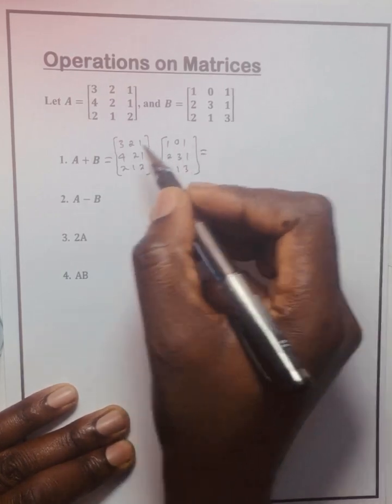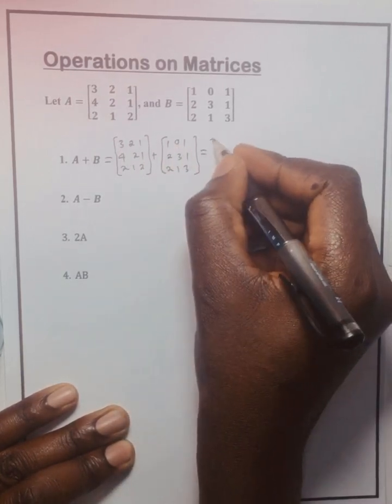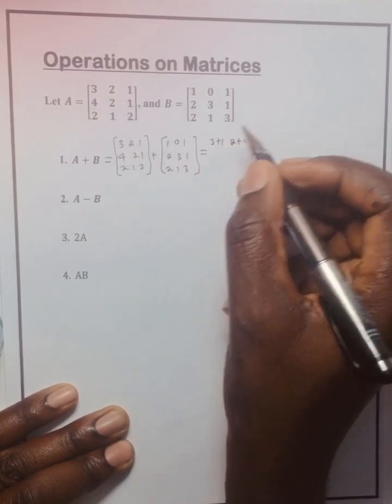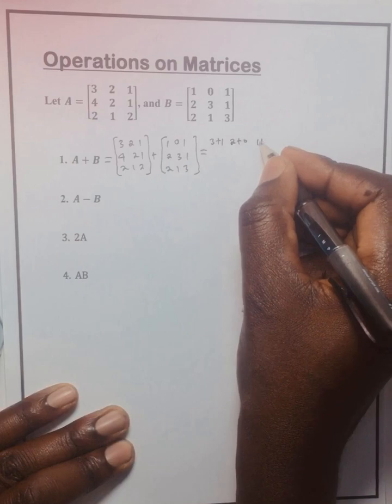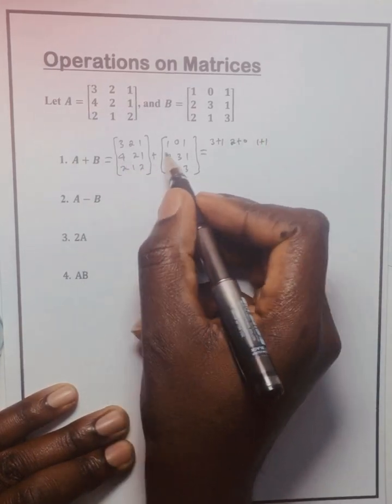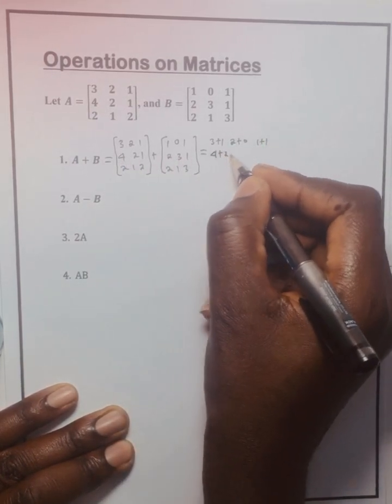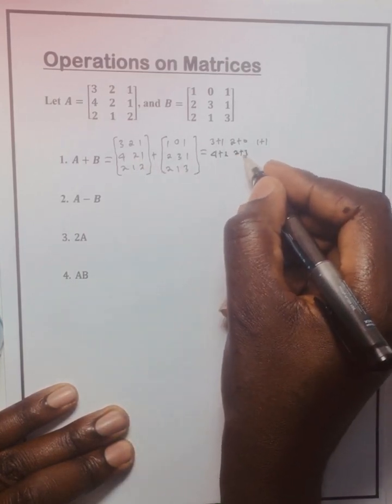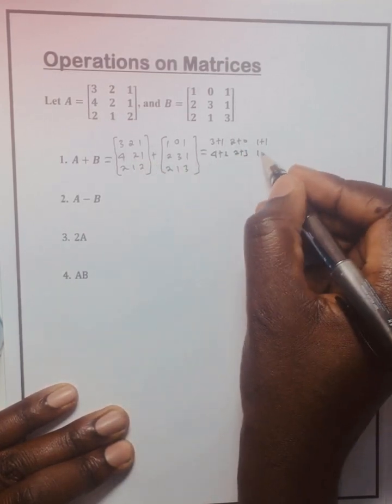So in this case, you'll have 3 plus 1, 2 plus 0, 1 plus 1. Then here you'll have 4 plus 2, 2 plus 3, 1 plus 1.